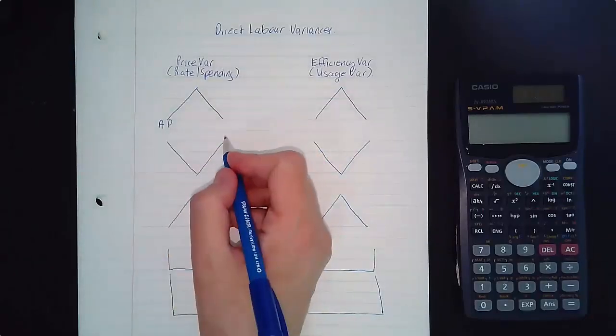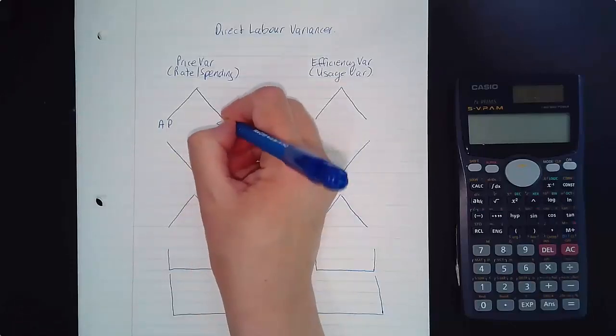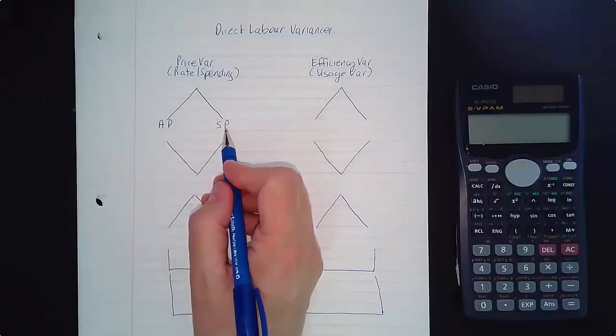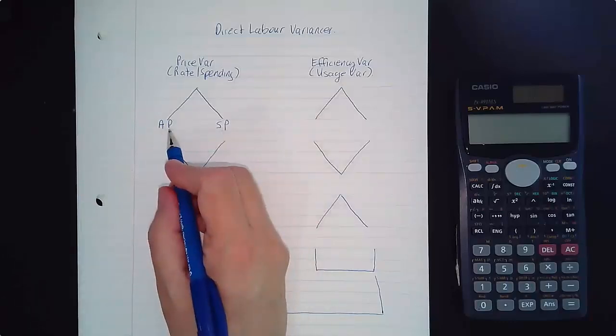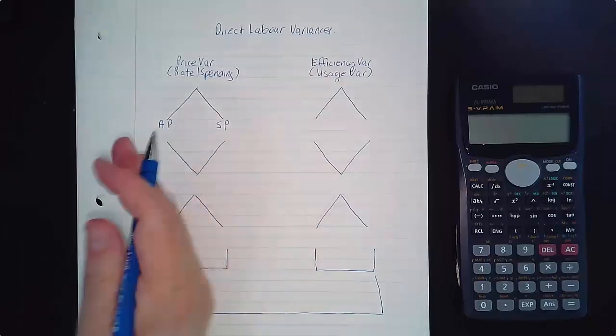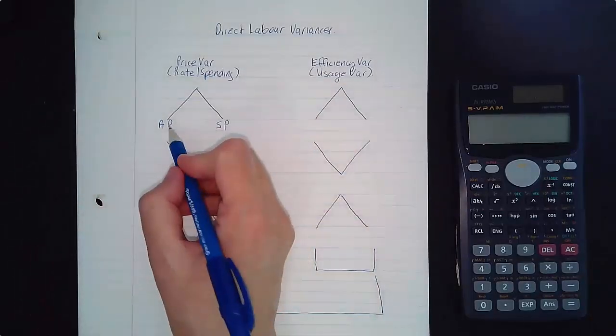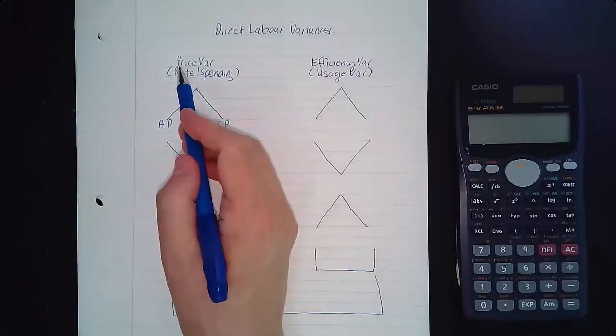On the right-hand side of that first price variance diamond, I'm going to put standard price. Again, the price or rate that I pay my employees per hour. It's always per hour. So that's my actual price and my standard price moving from left to right. Now, I've got price listed first because this is the price variance.